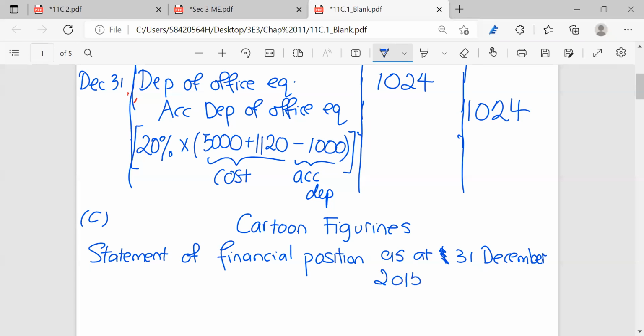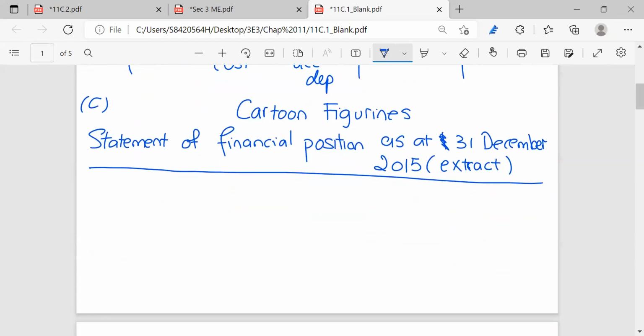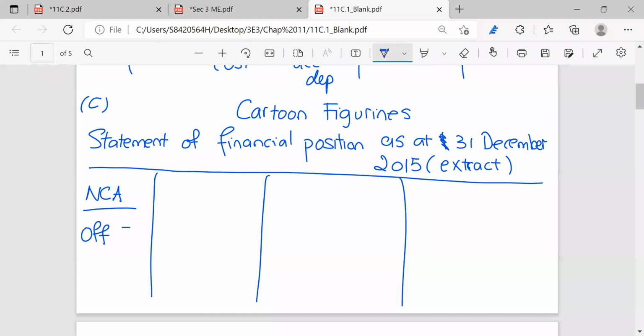Asset, 2015. Actually, it's the last three columns. I'm just drawing them bigger, so sorry, you need your subheader. Subheader is NCA. The item, of course, is office equipment.